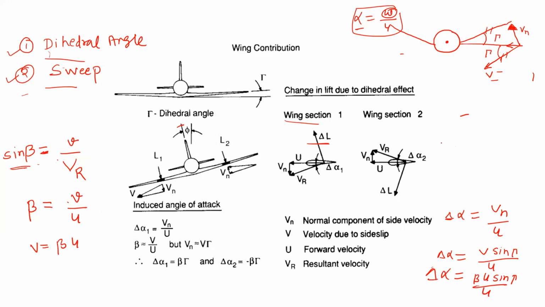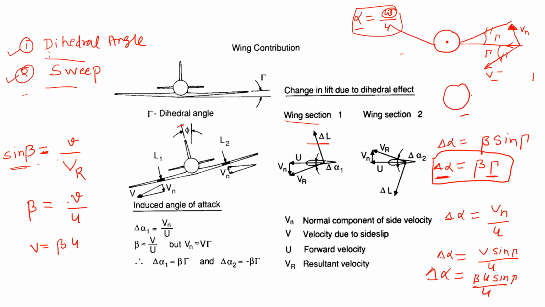So delta alpha finally becomes beta sine gamma. But since gamma is very small, approximately delta alpha will be beta gamma. So because of the existence of gamma, there is a change in angle of attack when the aircraft is side slipping. If there was no gamma, delta alpha because of this side velocity would be 0.